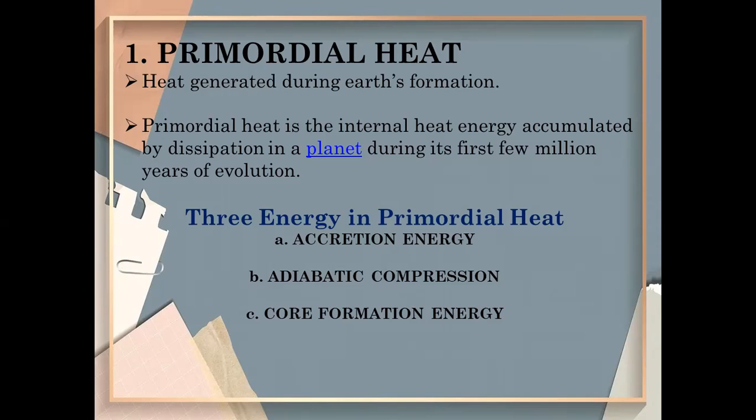Until now, primordial heat is still being studied. They have new findings from experiments carried out deep inside a Japanese mountain. In a mountain in Japan, that is where they are conducting research or experiments about primordial heat.